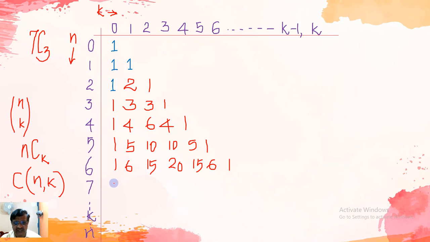Then 7C0 is 1, 7C1 is 6 plus 1, 7, 7C2 is 15 plus 6, 21, and this is 35, this is also 35, because it is this plus 21 plus 7 plus 1 plus 1.